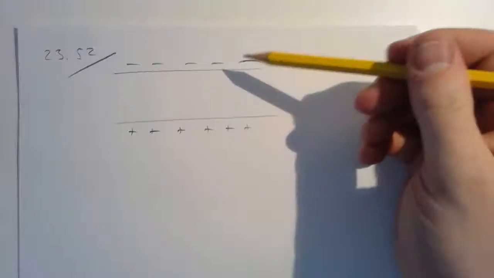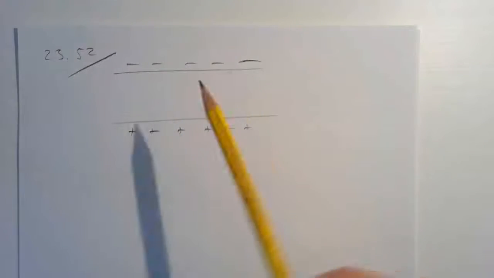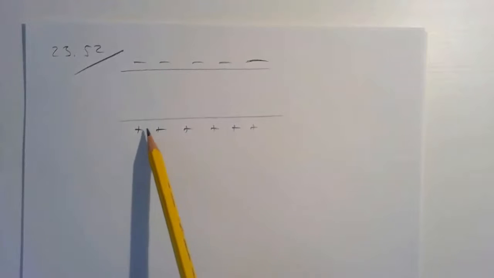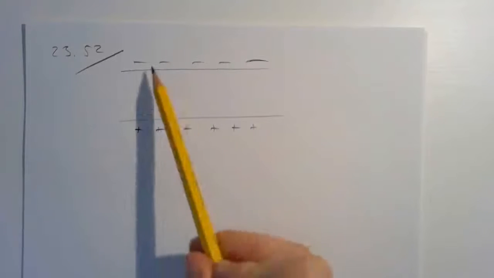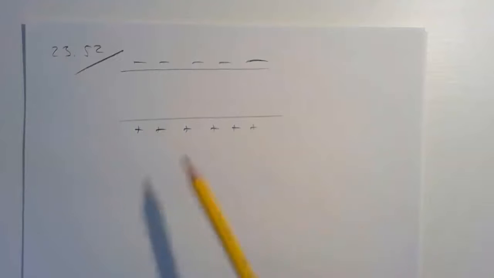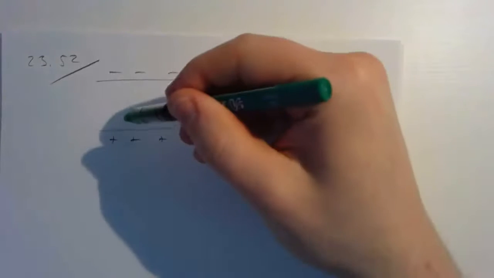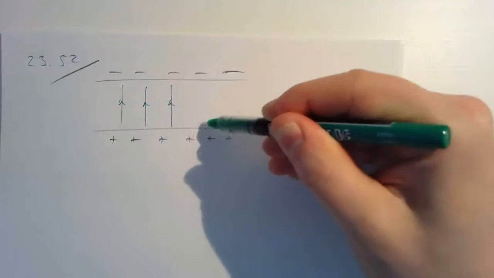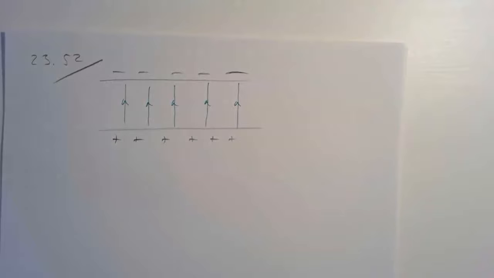If they're equal in charge density, this is a setup you might get from what's called a parallel plate capacitor. You've got opposite but equal magnitude charge on two sheets, and the result is that you get an electric field on the inside that essentially points straight up and is constant throughout.